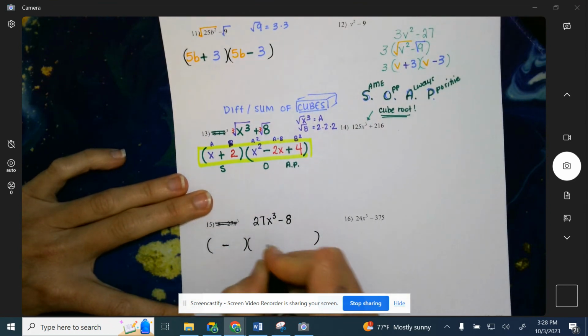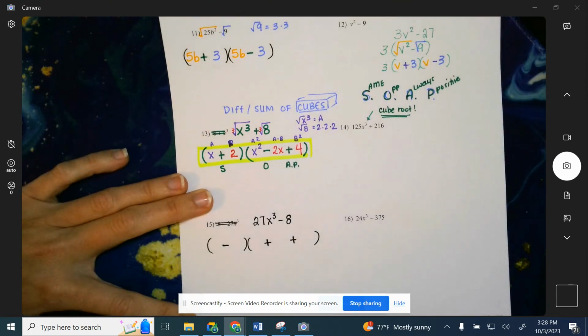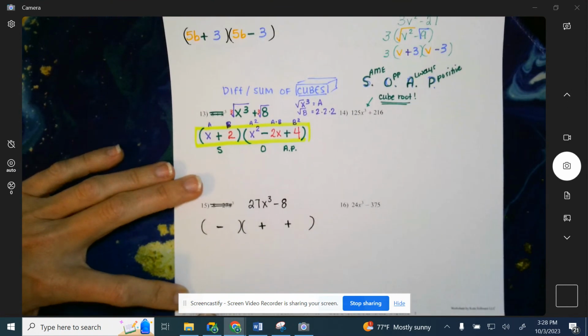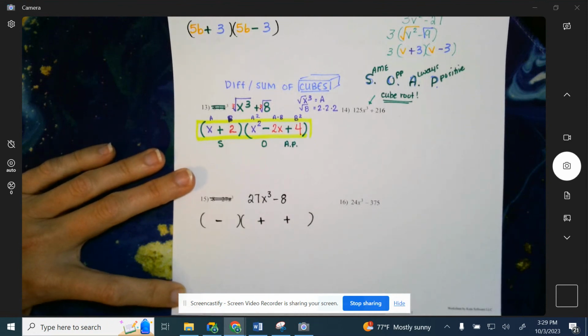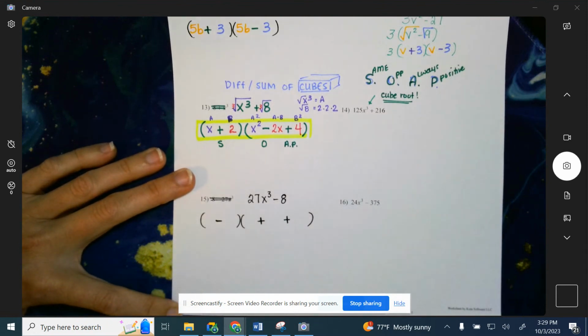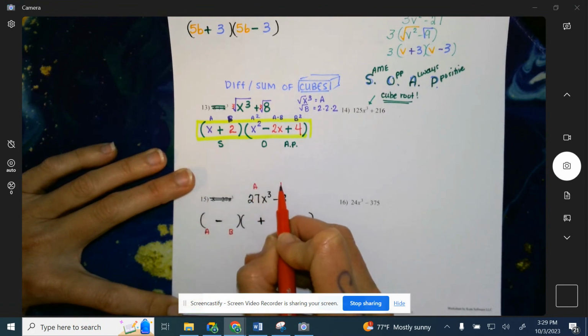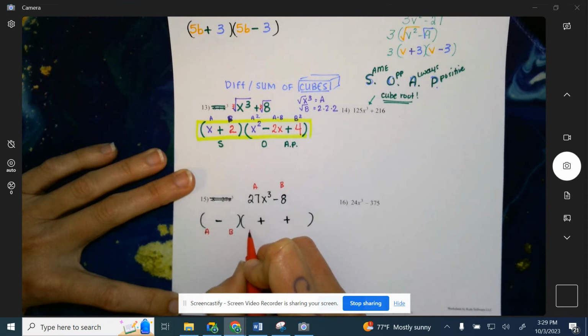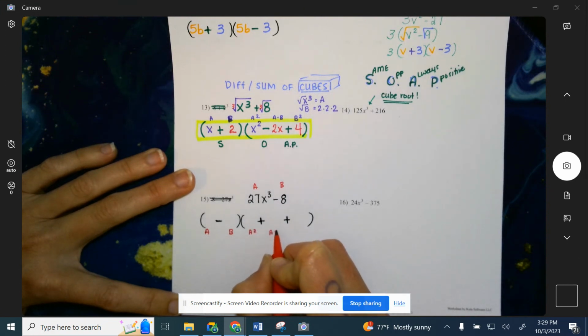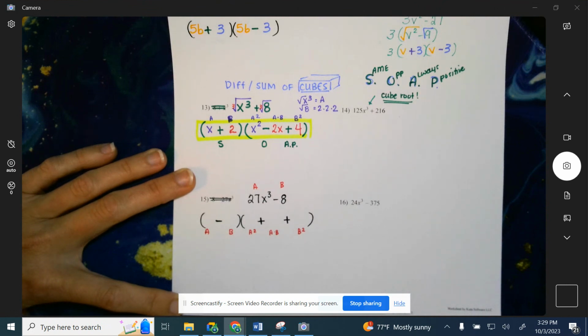Same, opposite, always positive. Again, if you can memorize that much within the first day, you're still making huge strides, right? Same, opposite, always positive. This is our a value. This is our b value. This is a squared. This is a times b. And this is b squared when we're done with it, once we get them all broken down.